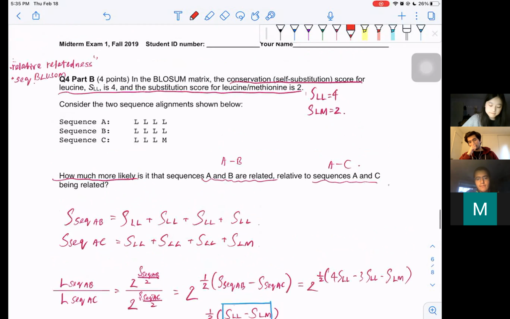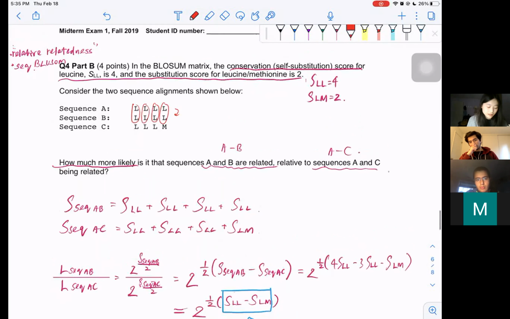For sequence AB, you add up the substitution scores, and for sequence AC, you can add up the substitution score for each of the substitutions.